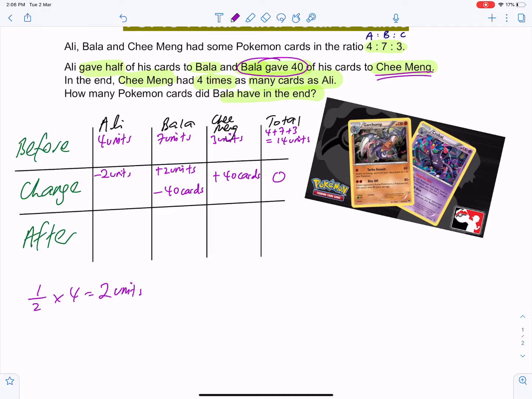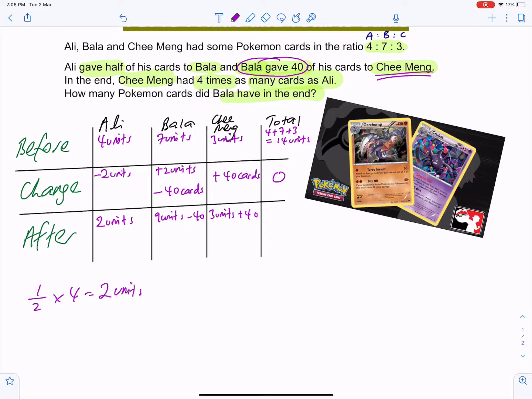So let's see what happens in the end. Ali, 4 minus 2, is left with 2 units. Bala had that extra 2 units, so he has 9 units, take away 40 cards. And for Chi Ming, 3 units plus 40.